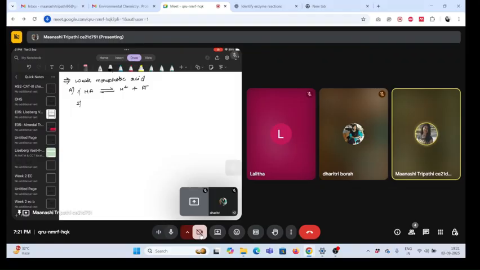Second, for water we have to write, and water will also be in both the directions, H plus plus OH minus. Now second step was equilibrium constant expression.